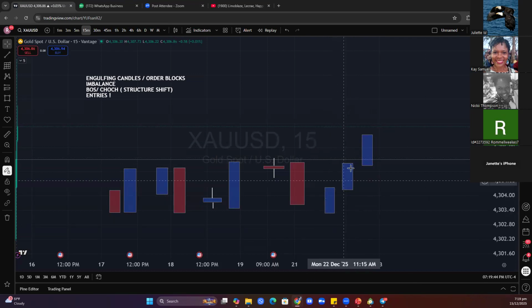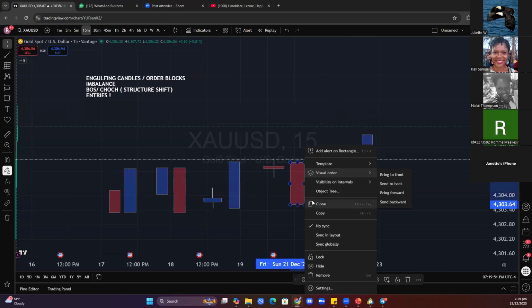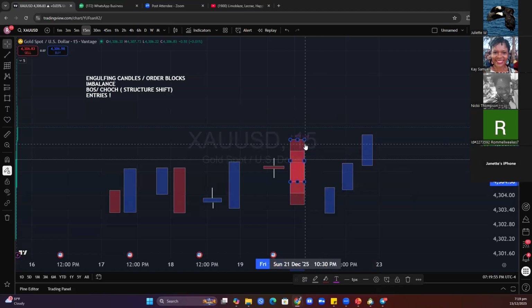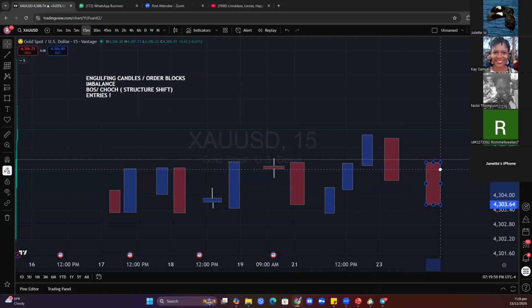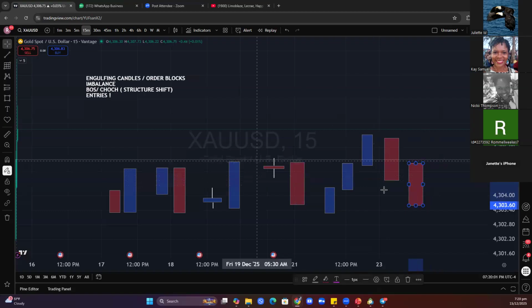So you may see three bullish candles like this, bam, bam, bam, and then once again, you may see three bearish candles to the downside. So everybody following? Pretty simple so far?